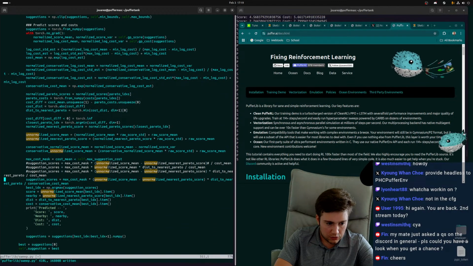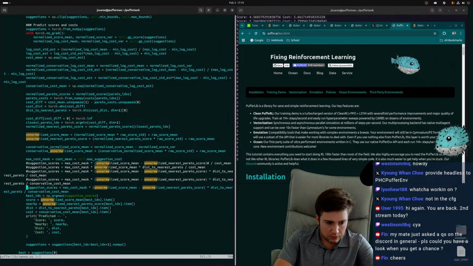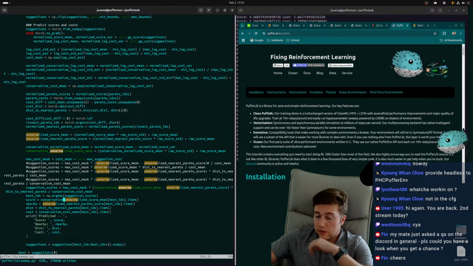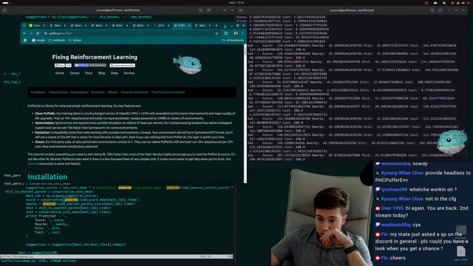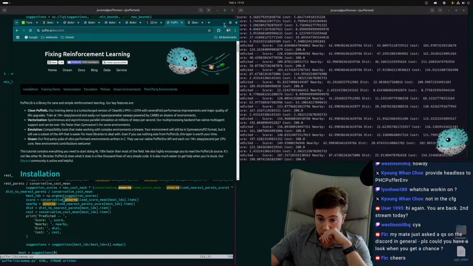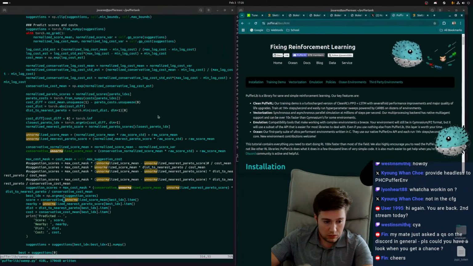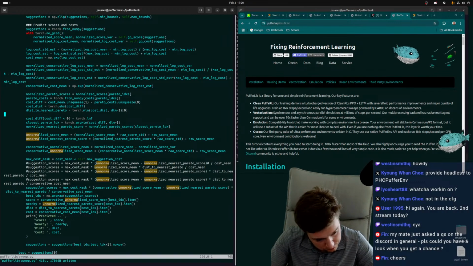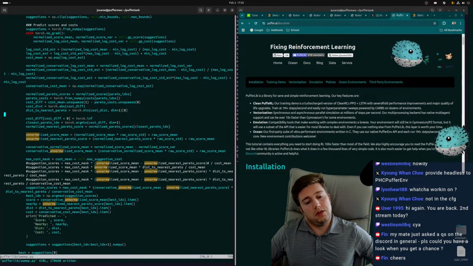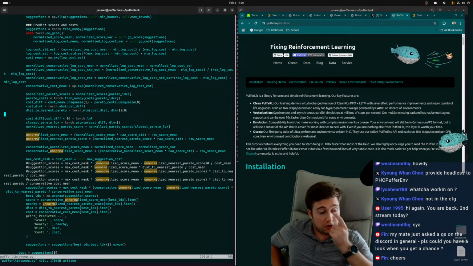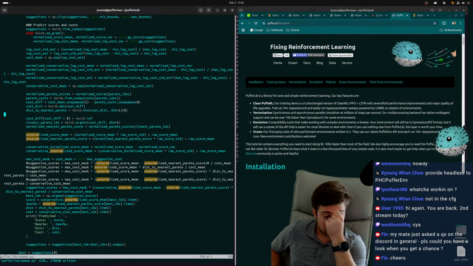So next thing we can do, conservative unnormalized score mean. We'll see what this does. Because you start sampling, your random samples are seeded in.